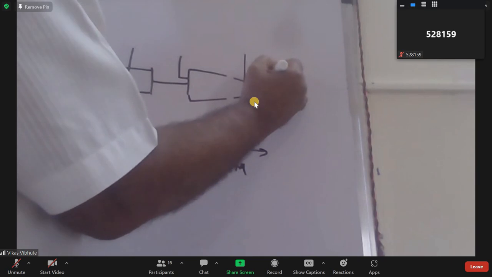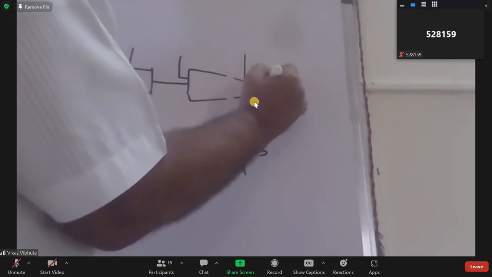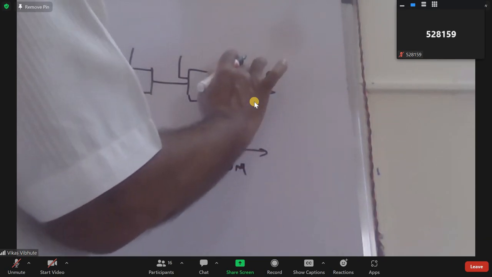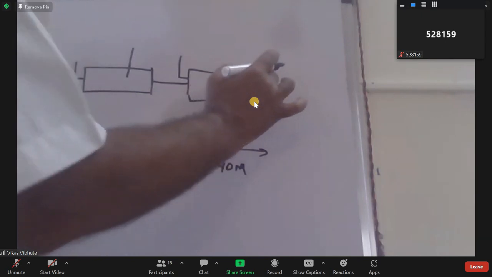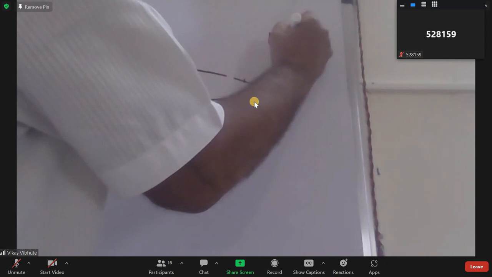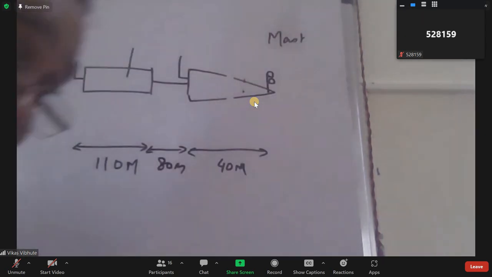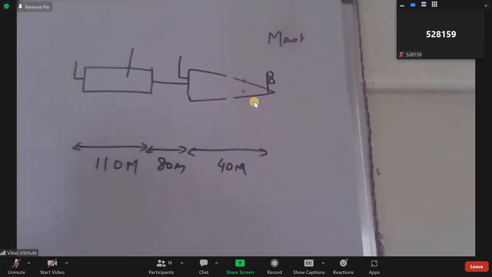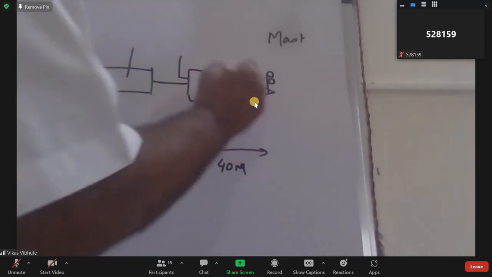She'll carry one masthead light, two masthead lights. These are masthead lights, not all-round. A lot of people say it is all-round, but they are not all-round. All of them are masthead lights. Side lights.